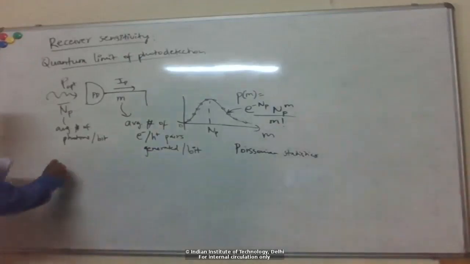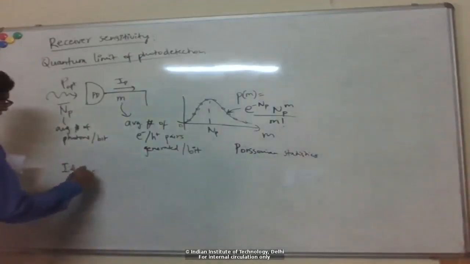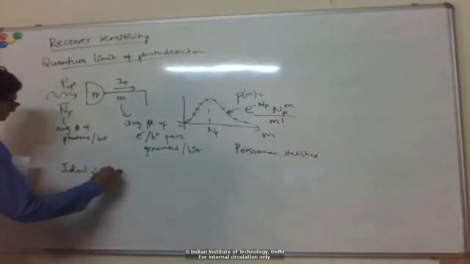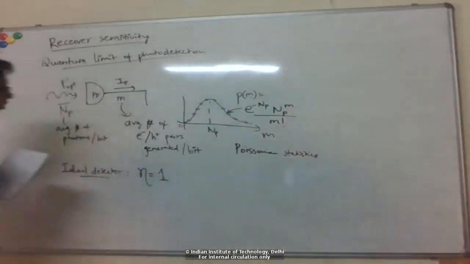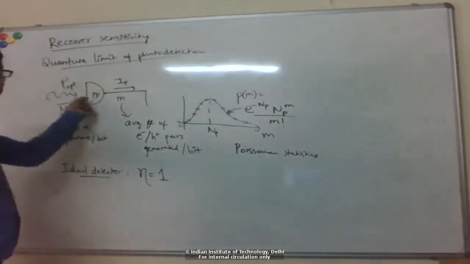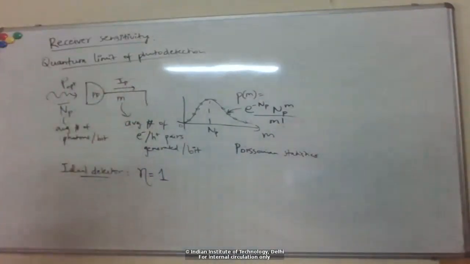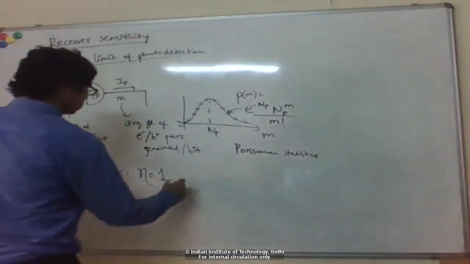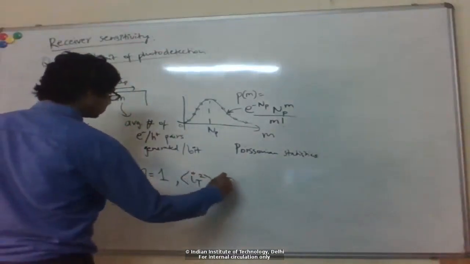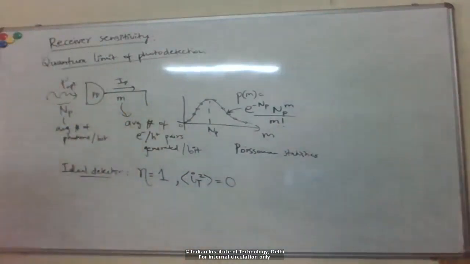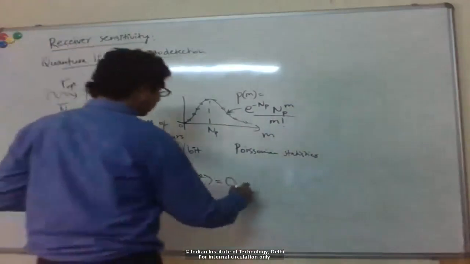Okay, so let's take an ideal detector, which means quantum efficiency of 1, right? So every photon which is detected is creating an electron-hole pair. Also, no thermal noise. Okay, let's say no dark current.